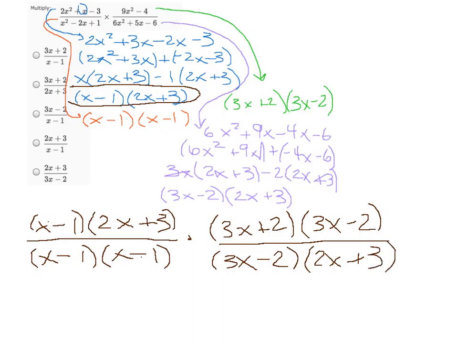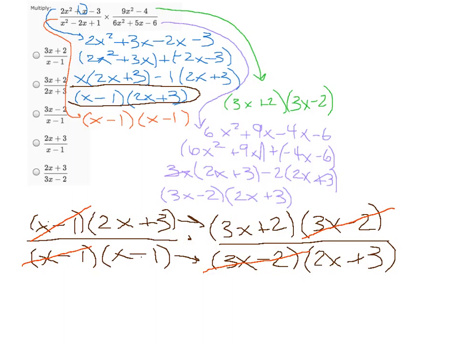Now, we know we are just multiplying across the numerator and across the denominator, and we can start looking at which terms can be divided out to 1. And we notice right away we have an x minus 1 in the numerator and an x minus 1 in the denominator. And we also see that we have a 3x minus 2 in the numerator and a 3x minus 2 in the denominator.